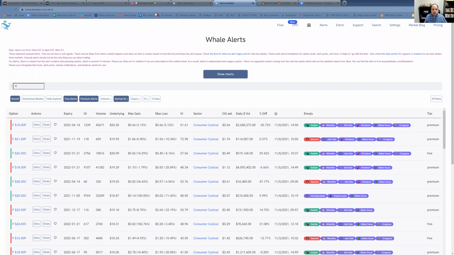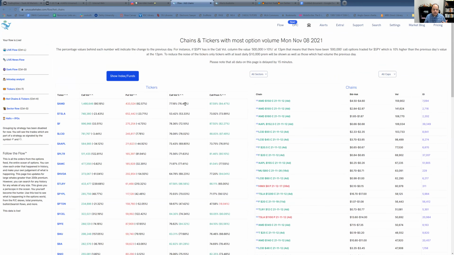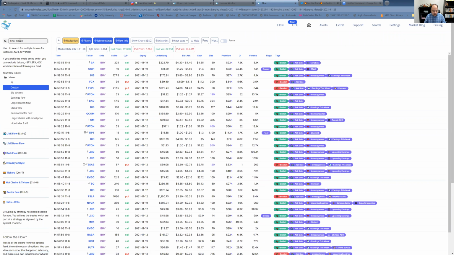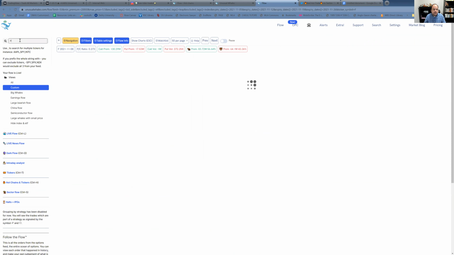What else you might want to do is to look at some of the flow itself and see, where does Ford sit within that? Is this a stock where those chains are hot, but overall, what does Ford look like in the flow?